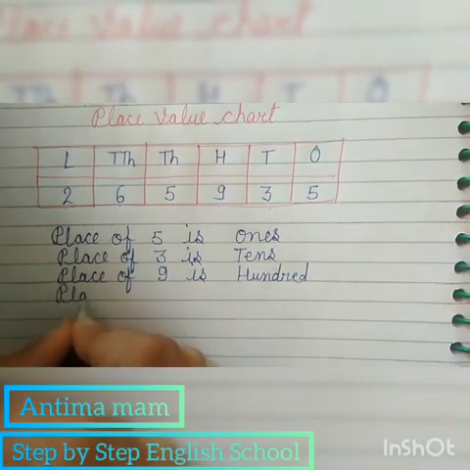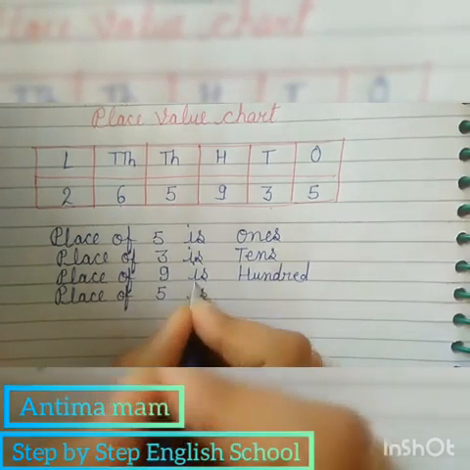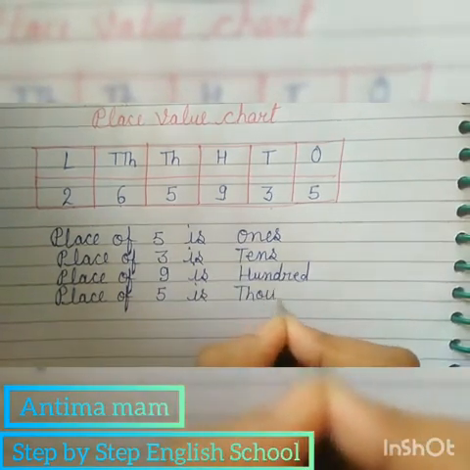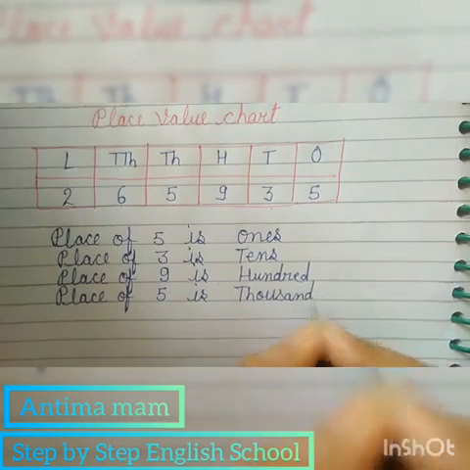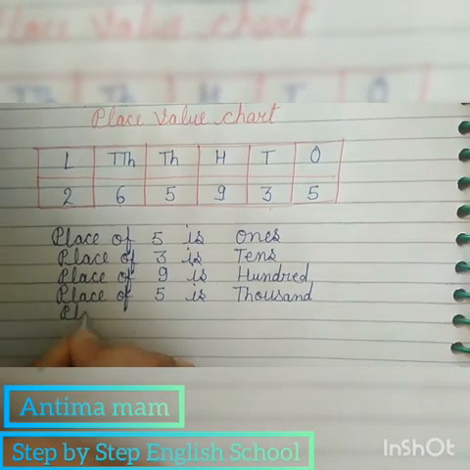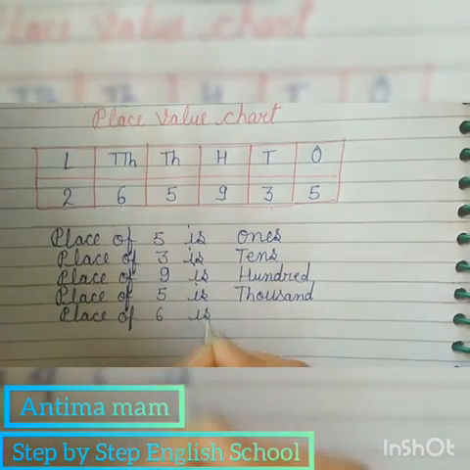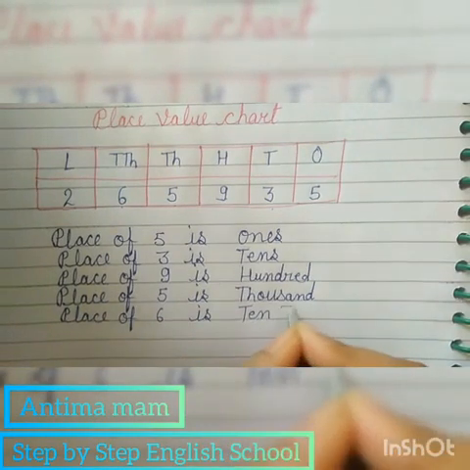Place of 5 is 1000. Place of 6 is 10,000.